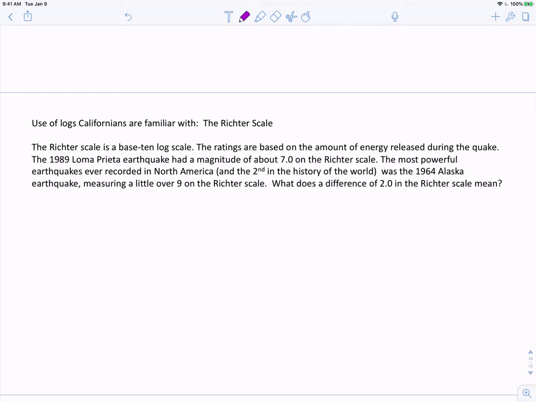So what does a difference of 2 on the Richter scale mean? The number 2 seems like a very small number, but what does it mean in terms of the difference between these two earthquakes? Well, again, the Richter scale is a base 10 log scale. So when we say that the Loma Prieta quake was about a 7, we are talking about a magnitude of about 10 to the 7th, where the Alaska earthquake was a little over 9 on the Richter scale.